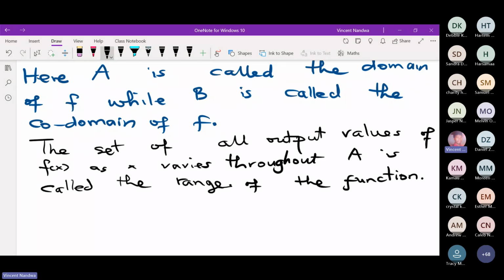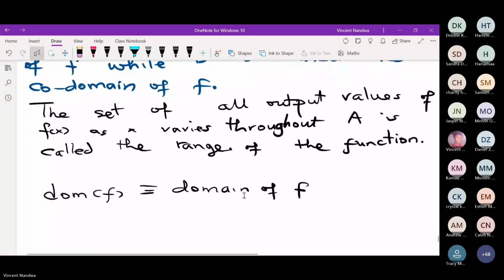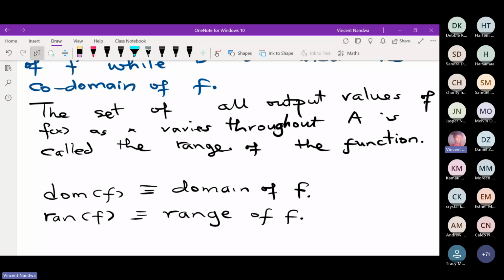So we use this notation to denote the domain of f, and we write this to mean the range of f. So those are the abbreviations we use for domain and range of the function.